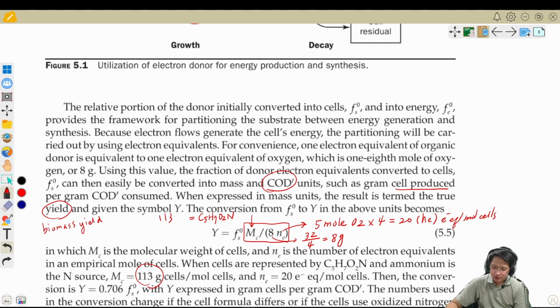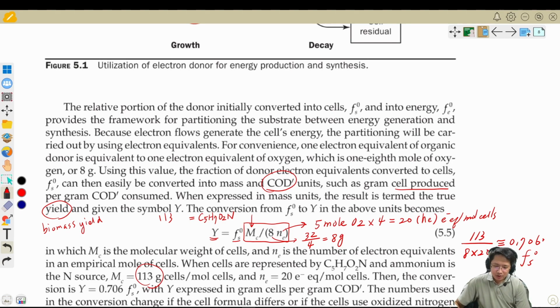So from the overall calculations here, for the true yield of the biomass, it is the amount of electron portions times the molecular weight of the microbial cell divided by A times 20. That will be about equal to 0.706 times the fs0.